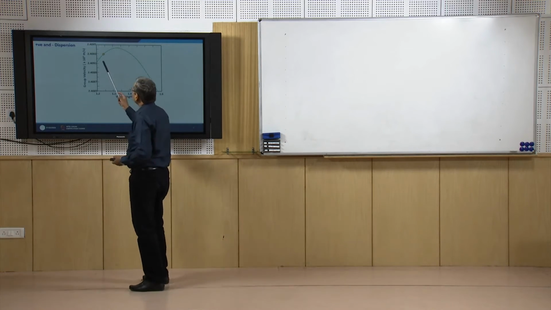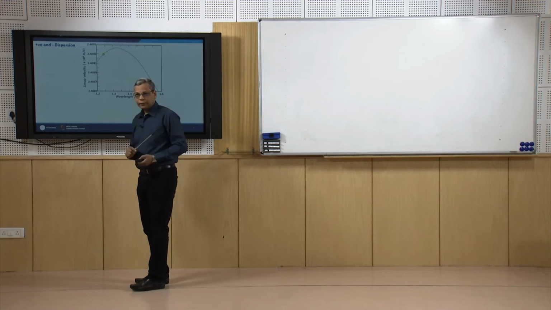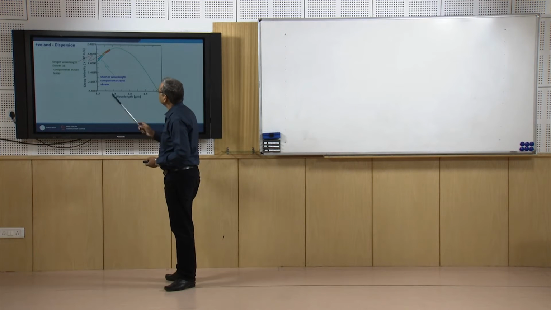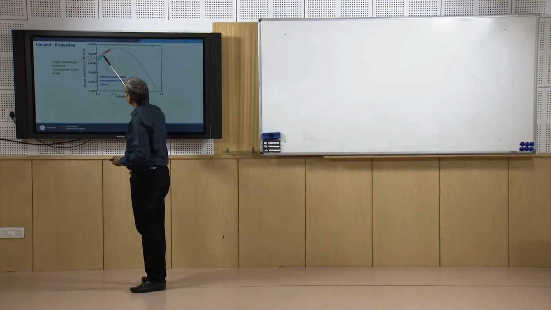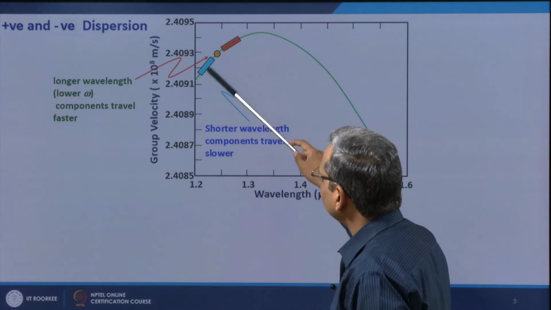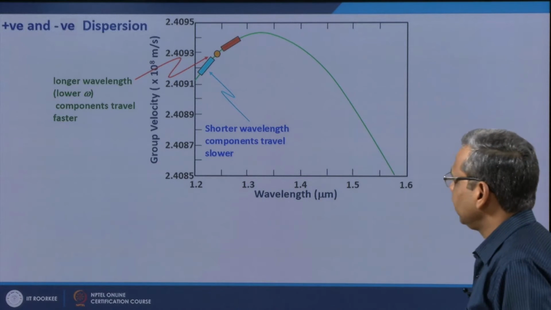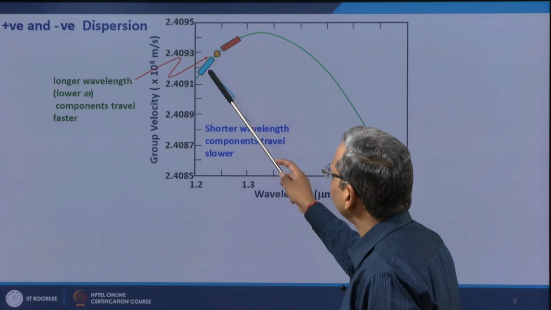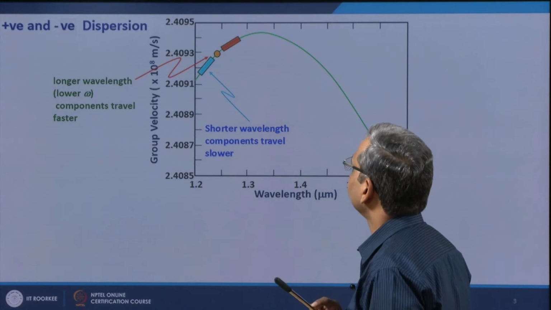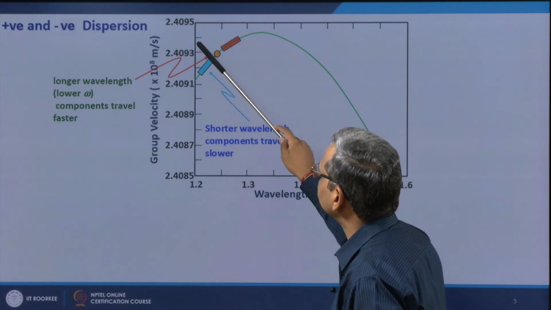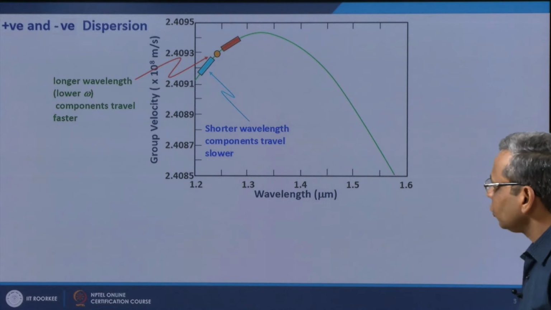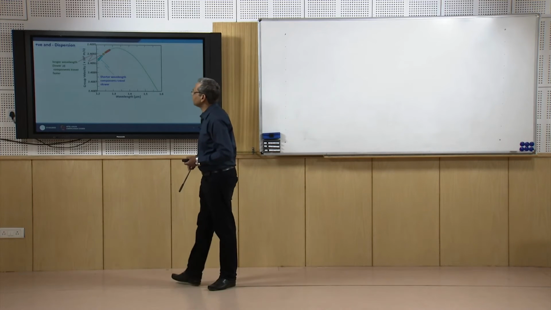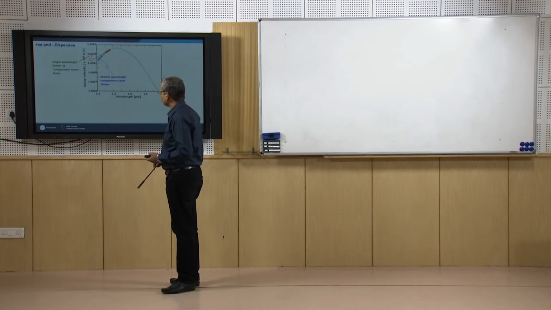If I take my source at this wavelength as the center wavelength and look at the wavelength components in the vicinity of the center wavelength, I find that the shorter wavelength components have smaller velocity, while longer wavelength components have larger velocity. So, shorter wavelength components travel slower here, and longer wavelength components travel faster.